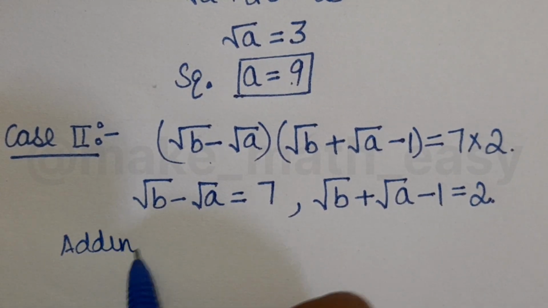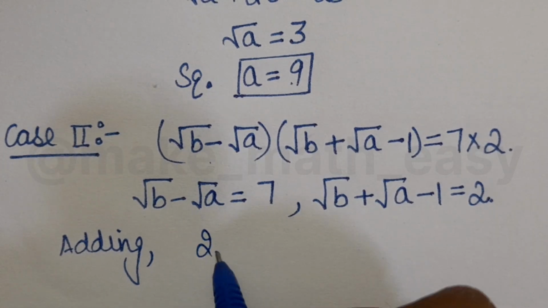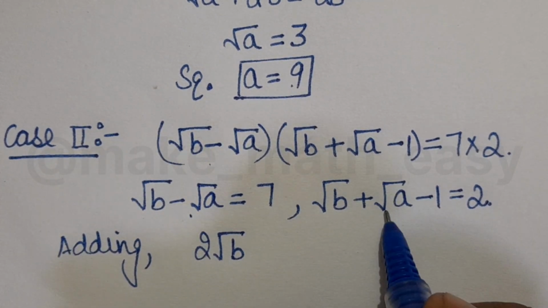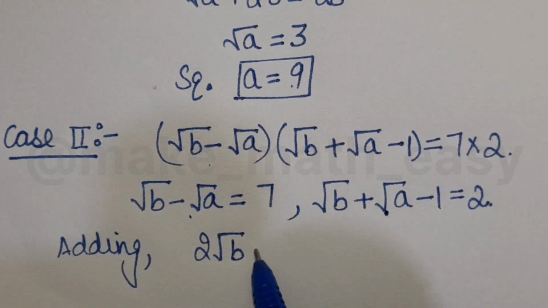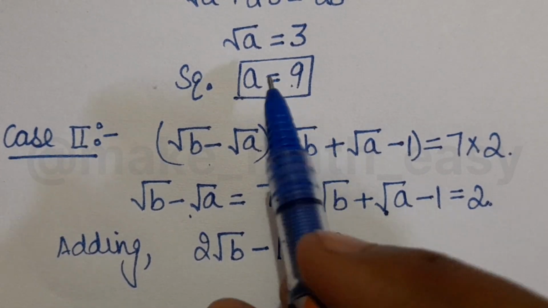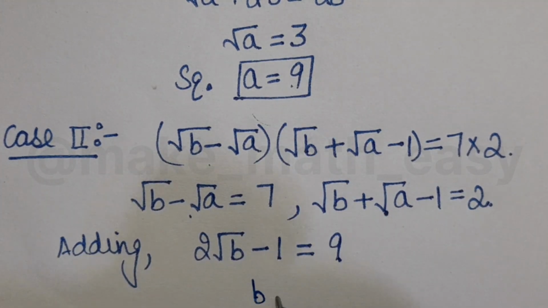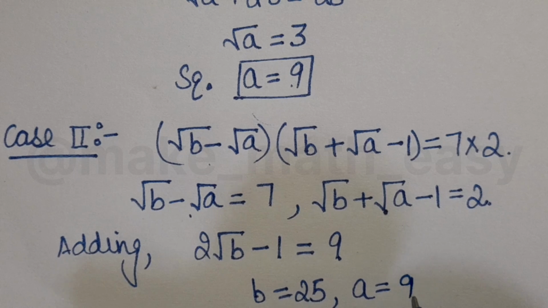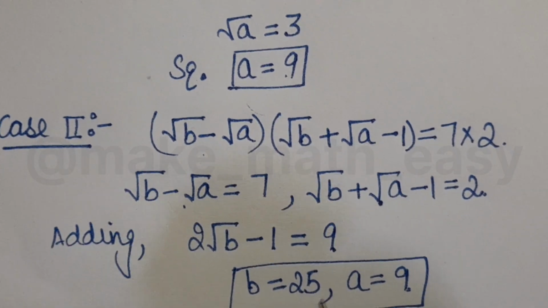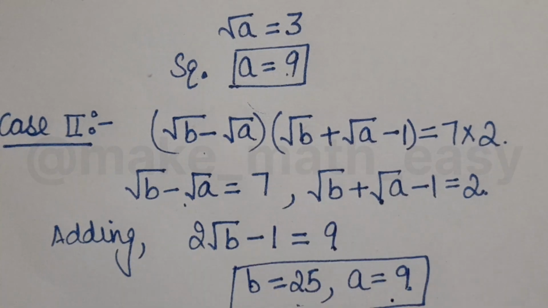On adding, again we get 2 root b. This root a cancels out with this root a, and we get minus 1 equals to 9. Following the above procedure the same, we get b equals to 25 and a equals to 9. So in both cases we have the same value of b and a.